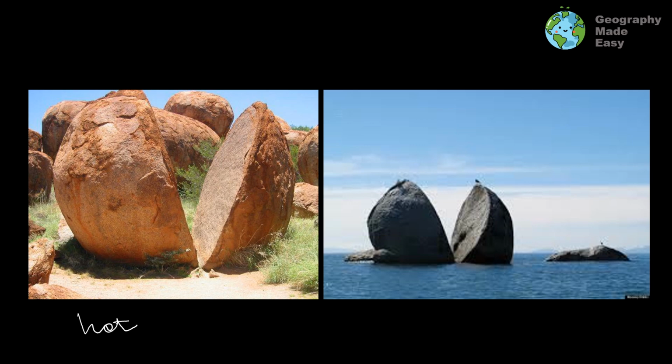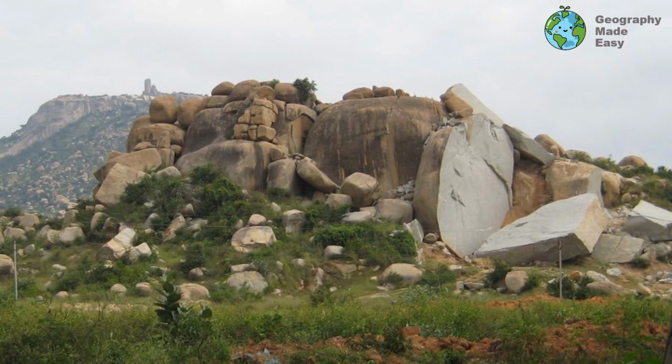The joint which was there developed into a proper crack, and finally the rocks are falling apart. We see this kind of insolation weathering also taking place near the oceans, where a hard rock is falling apart. This is another example from the place we had gone in Andhra Pradesh for our field work, and we can see that here again insolation weathering has taken place.